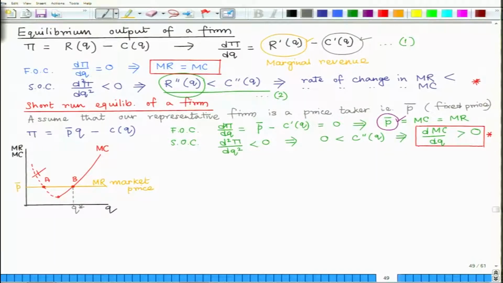So, now we have seen how this firm actually maximizes profit and finds the equilibrium output level given a market price.